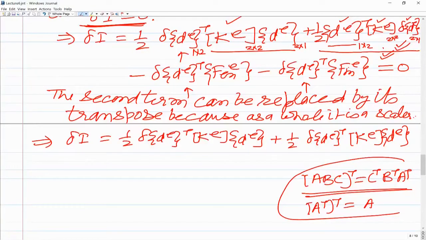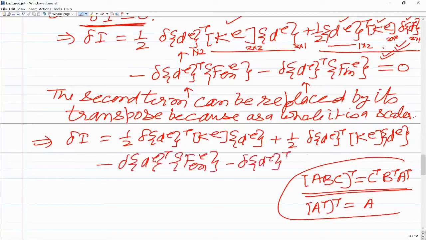So you'll actually get this term, minus, of course, delta D transpose into F external for the element, minus delta DE. So these terms remain as it is. F internal for the element is equal to 0.